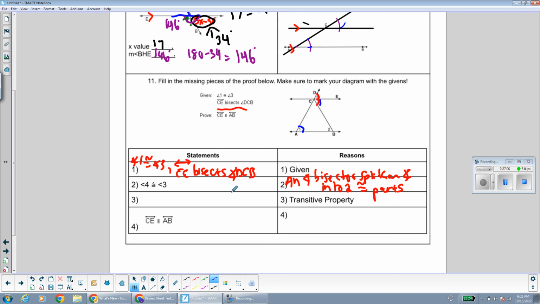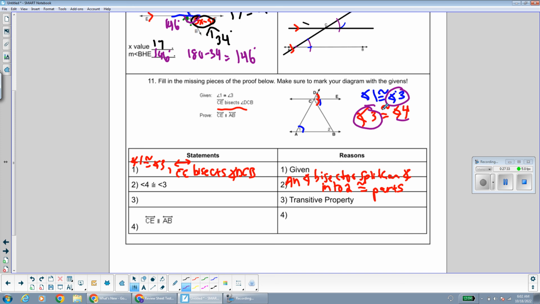So let's think about what the statement should be. We already have angle 1 is congruent to angle 3. That's from the givens. Now we concluded angle 3 is congruent to angle 4. That's from the angle bisector. So notice how angle 1 and angle 4 are both congruent to the same angle 3.